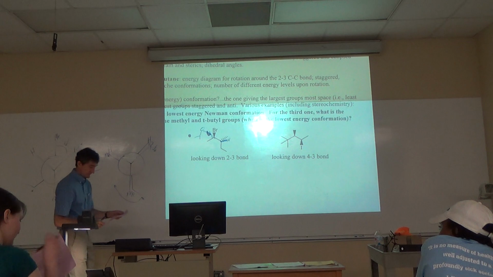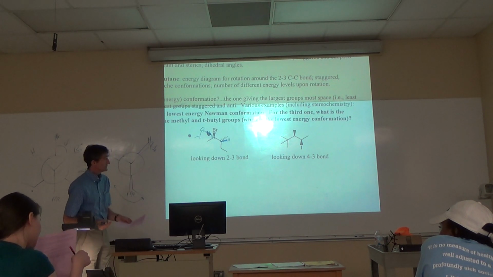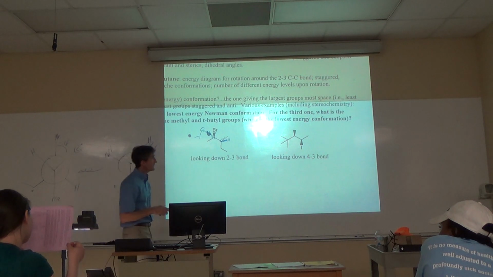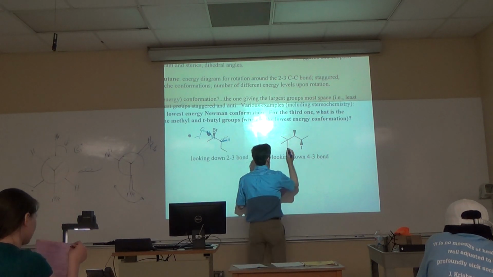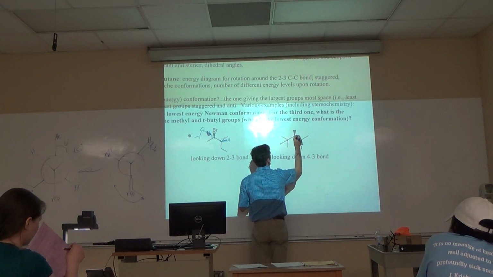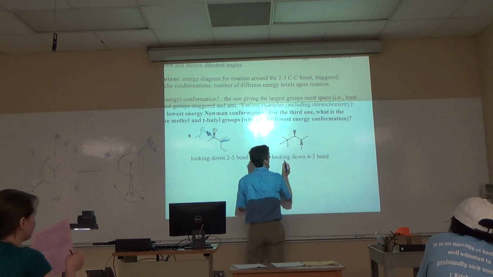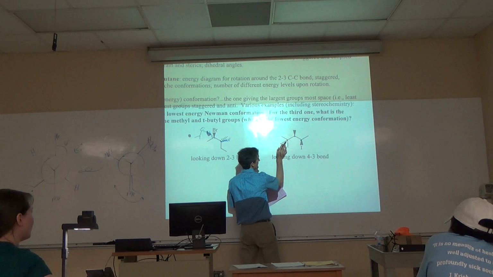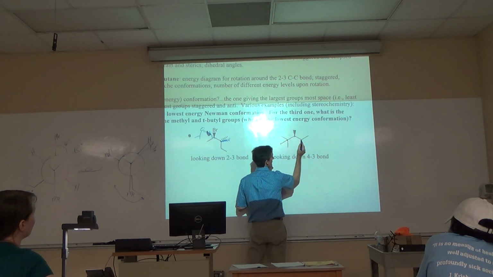We've got a complex, actually not too complex. Looking down the 4-3 bond. In nomenclature, this is 1, 2, 3, 4. Because if that was 1, you would have only one substituent at the 2.